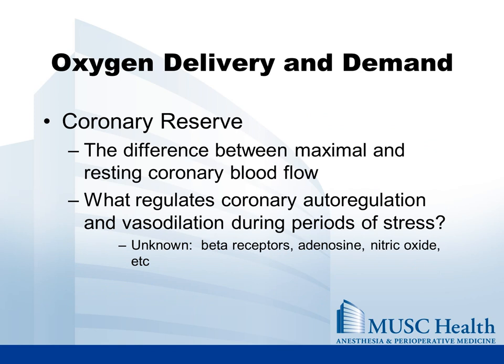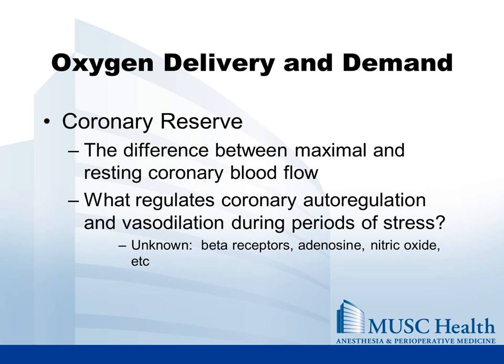Oxygen delivery and demand of the heart. You don't have a whole lot of reserve in terms of oxygen supply to your heart, because your coronary vessels are typically going to maximally extract oxygen at all times. So there's not a whole lot of buffer there if you have some sort of disease state.